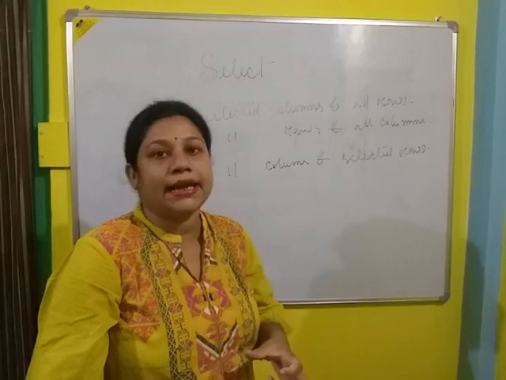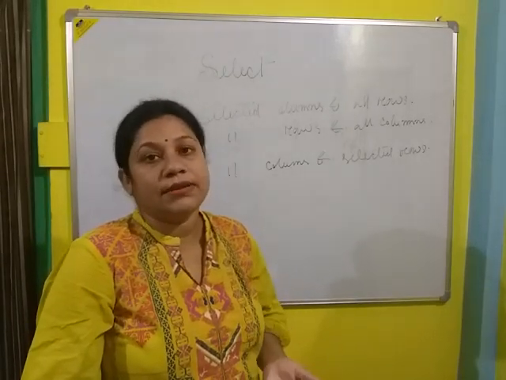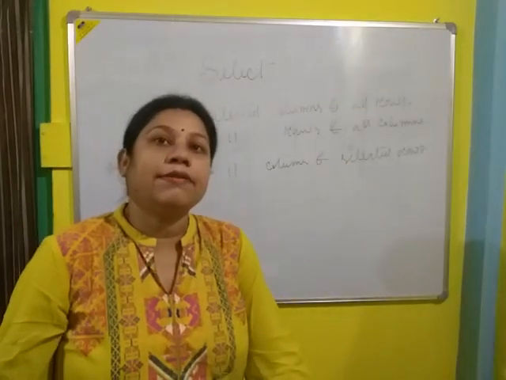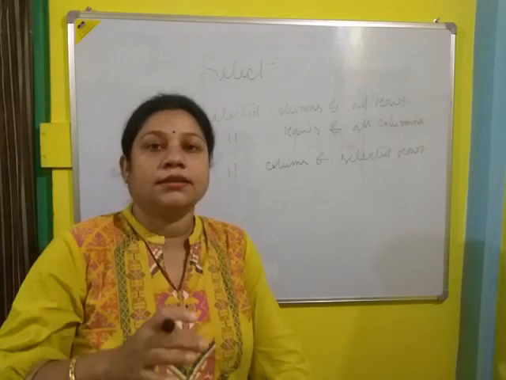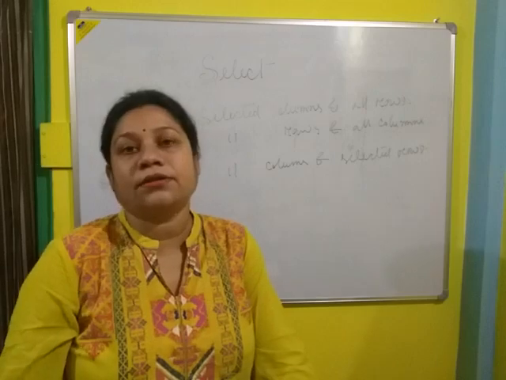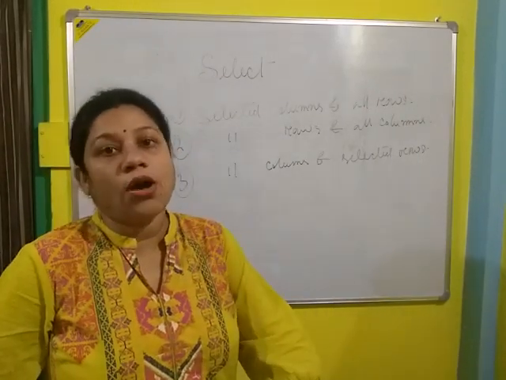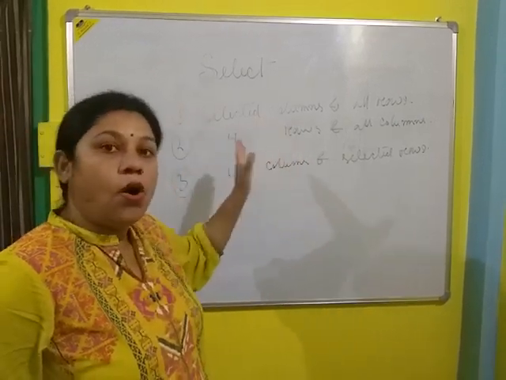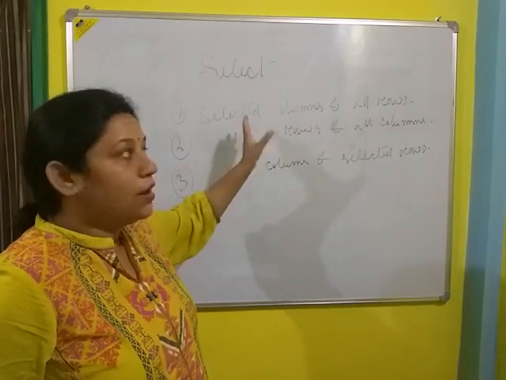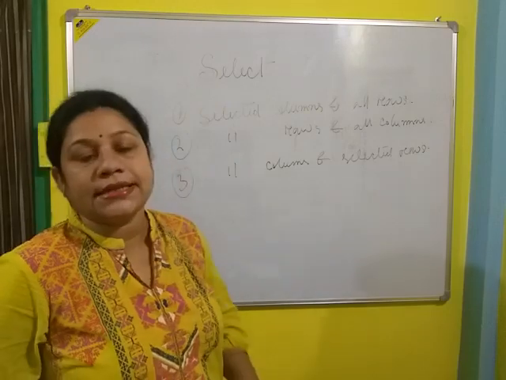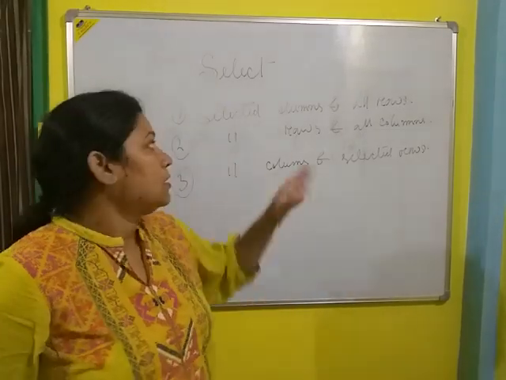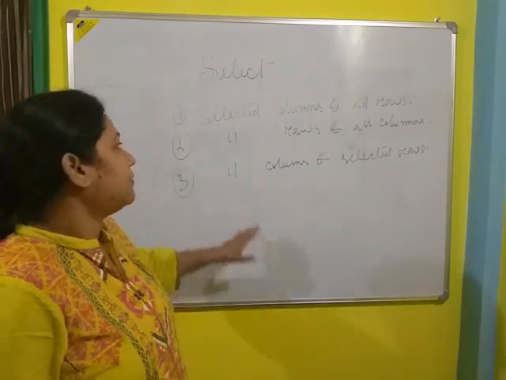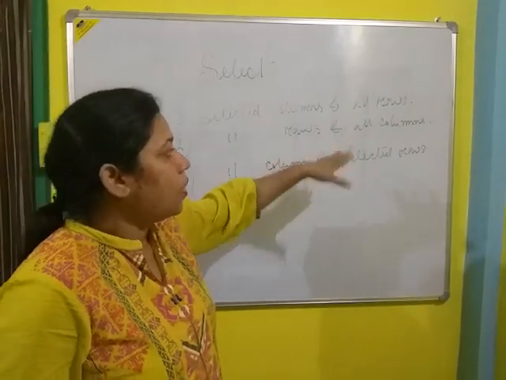That means you can select the required columns from the table and display all the rows, that is, all the data values inserted for those particular columns, on the computer screen. Instead of displaying all the column names along with all the data values present inside the rows, you select the required columns and display all the rows.